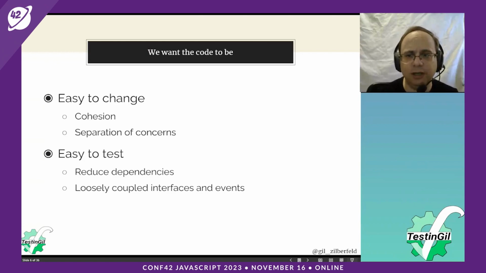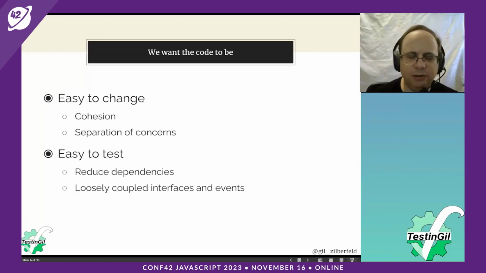One is cohesion. Cohesion is about having code that deals with the same things being in the same place. Files, modules, whatever. And the second is the complement of that, separation of concerns. Code that deals with different things needs to be separated. It makes sense to us, but also it makes sense in terms of maintainability.